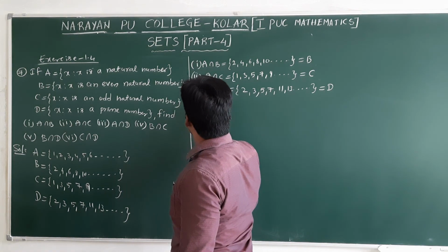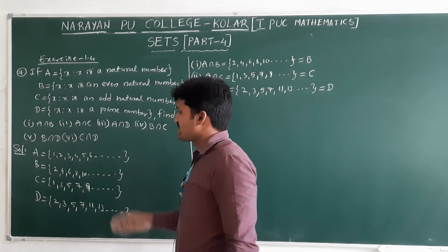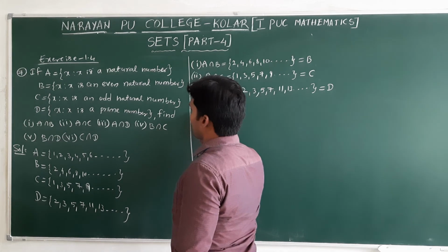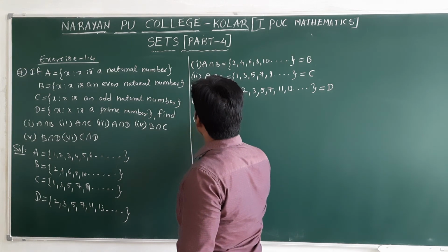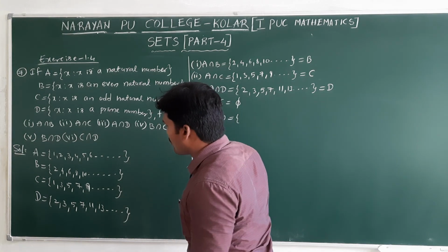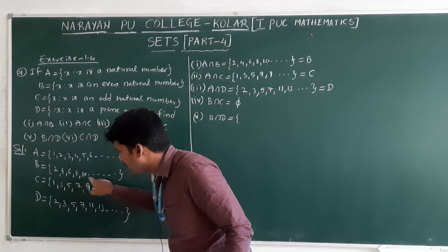Fourth one, B intersection C. B is the even numbers, C is the odd numbers. Will any common element be there? No. It's phi. B intersection D: B and D, only 2 is common. The remaining are all odd numbers in D, but in B the remaining are all even numbers.